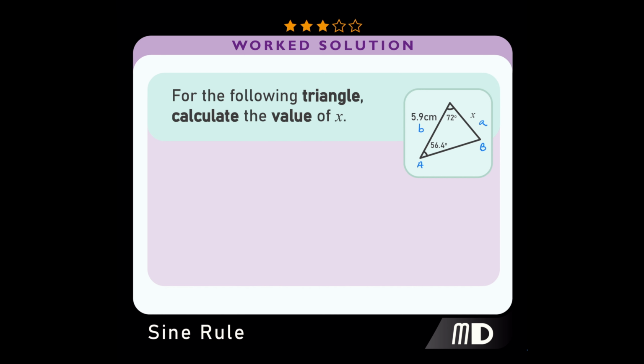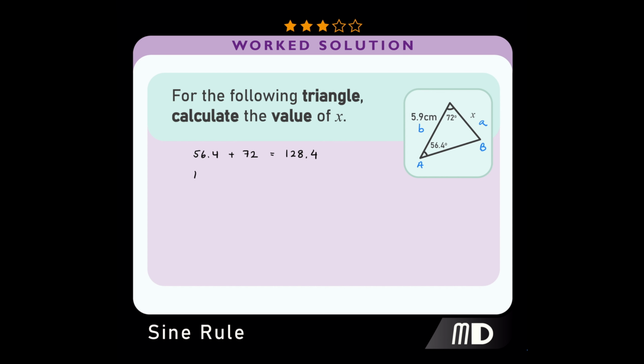To find the third angle, labeled B, we need to add together the angles we've been given, then subtract that total from 180. 56.4 and 72 have a sum of 128.4.